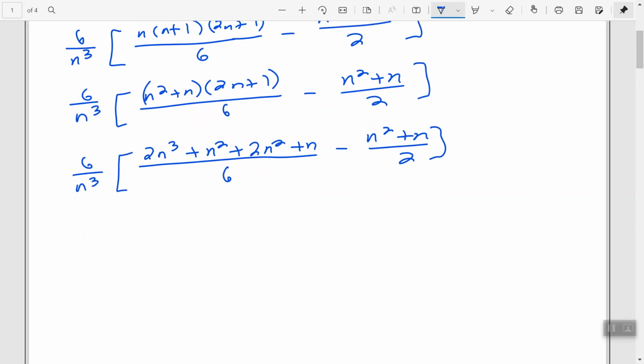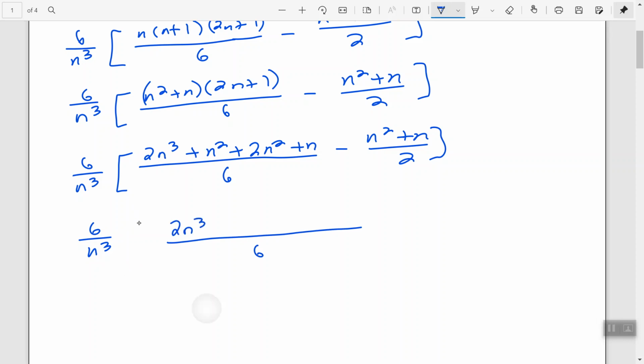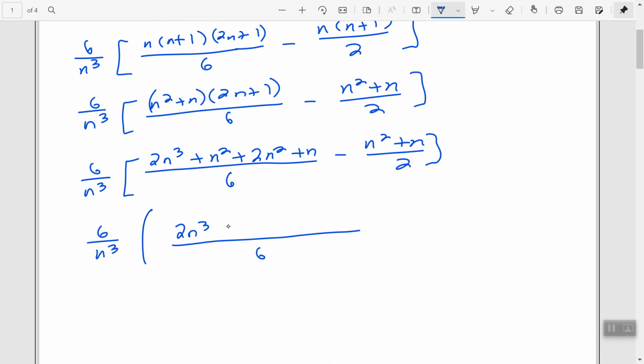Let's see what I can simplify. I have 2n to the third plus n squared, so I can combine the n squared and the 2n squared. I'm going to go ahead and get a common denominator as well, but 2n to the third plus 3n squared plus n.